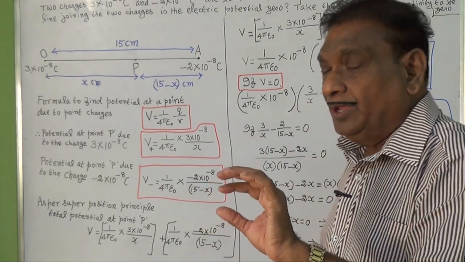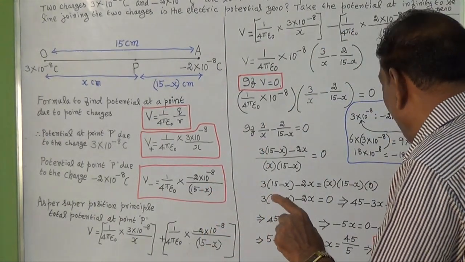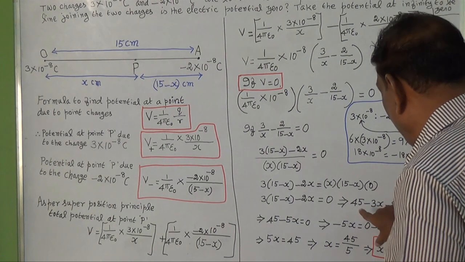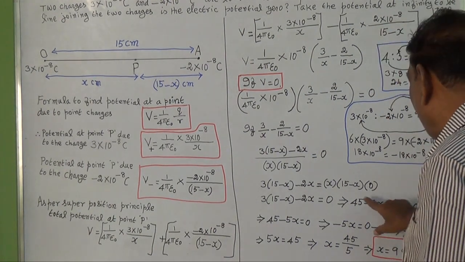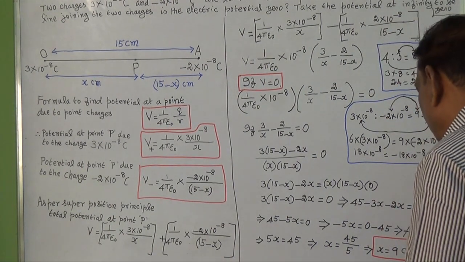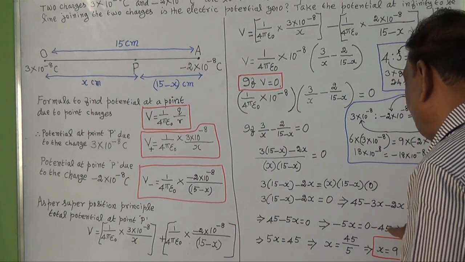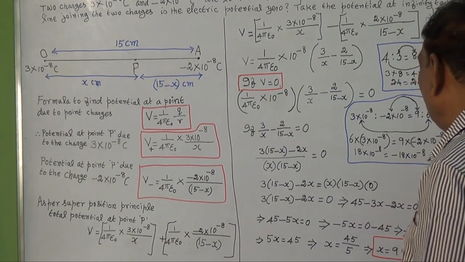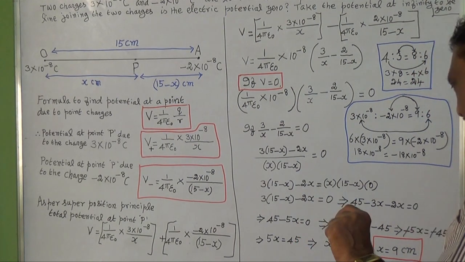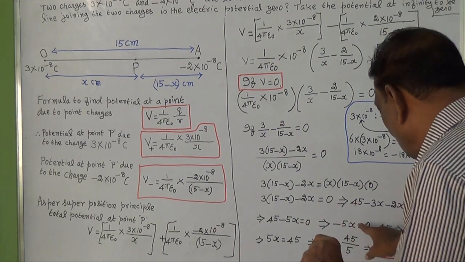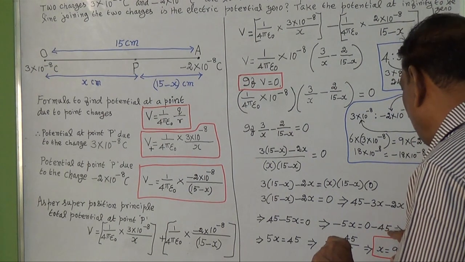So the 45 placed in the left side of the equation is brought to the right side, so that it will become minus 45. Now the equation obtained is minus 5x equal to 0 minus 45.